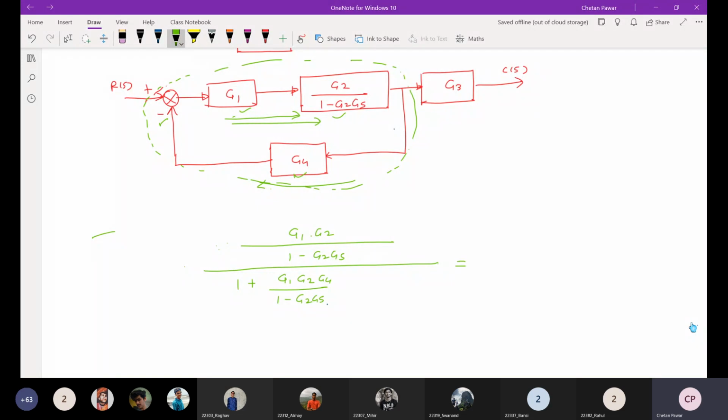If I reduce this, that will be G1 G2 over 1 minus G2 into G5 plus G1, G2 and G4.